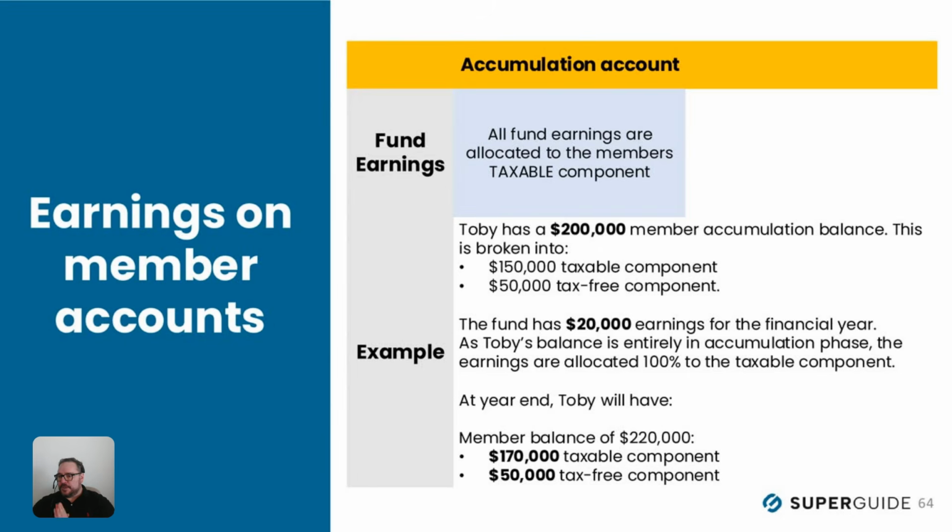Now, because Toby is entirely in accumulation phase, those $20,000 in earnings are allocated all to the taxable component. At the end of the year, Toby's got the $200,000 plus the $20,000 earnings, $220,000, broken up into $170,000 taxable and $50,000 tax-free. All of those earnings have gone to the taxable component because Toby was in accumulation phase.